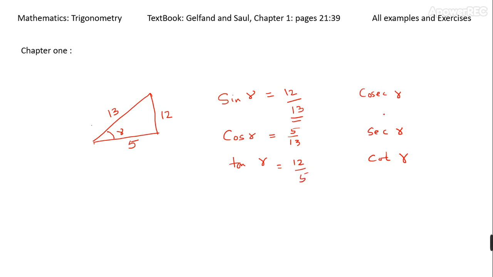So all the values are staring at you by simply drawing this triangle. And I think this, in spite of its simplicity, is the most useful thing that I've learned in trigonometry.